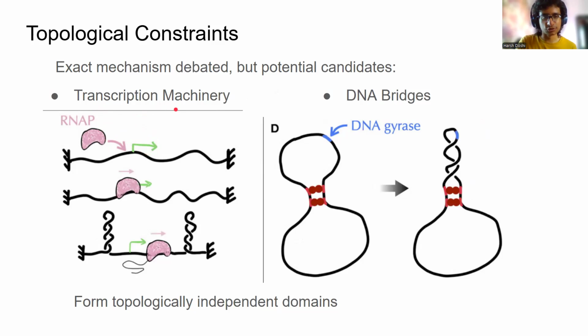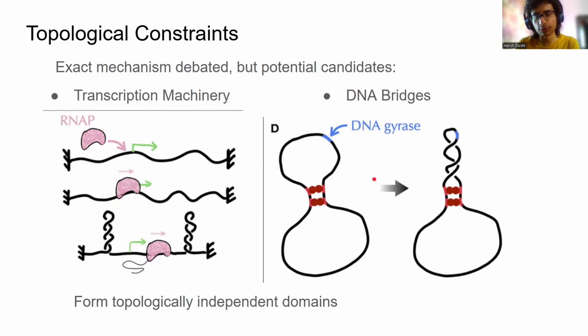During the transcription of DNA, there's an enzyme called the RNA polymerase, which can bind on top of the DNA and move along it while transcribing an mRNA transcript, which just copies the information present in the DNA into an mRNA transcript that can then go and form proteins. When this polymerase binds, it can act as a topological constraint, where locally it does not let the bound DNA rotate because of this bulky machinery that is attached to it.